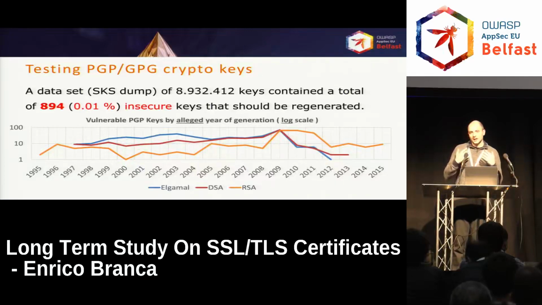I say creation date because PGP keys are not validated. So anybody can create any kind of key, of any kind of format, with any kind of data inside it, upload it online, and there will be no check for it. There is no validation. Anybody can create stuff and put it online.